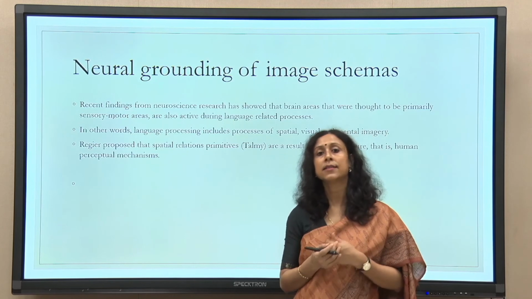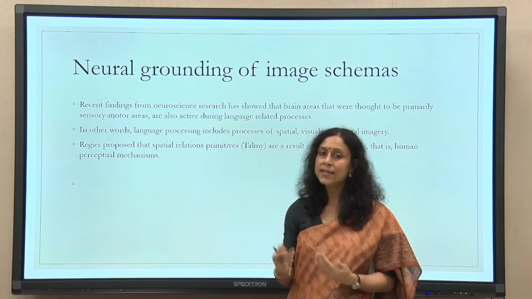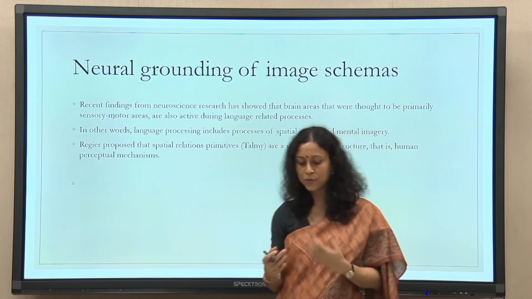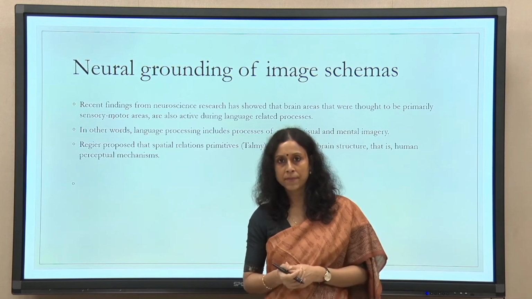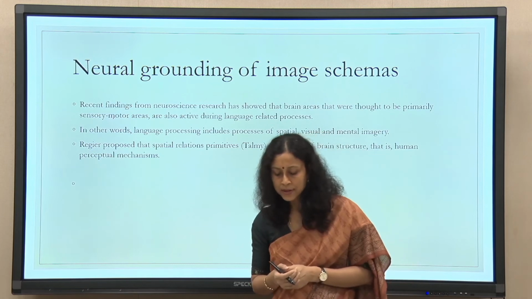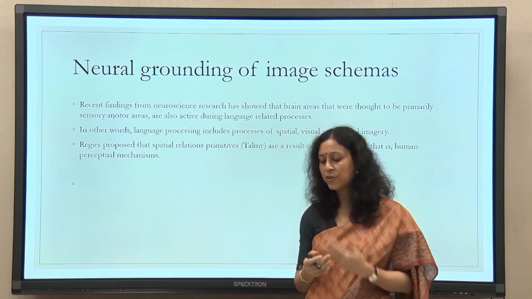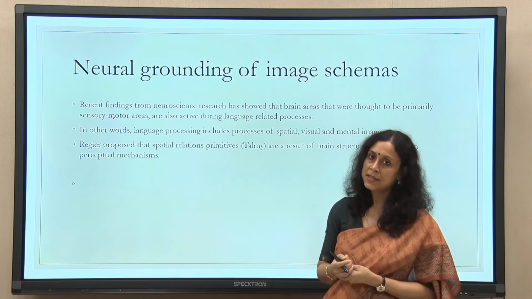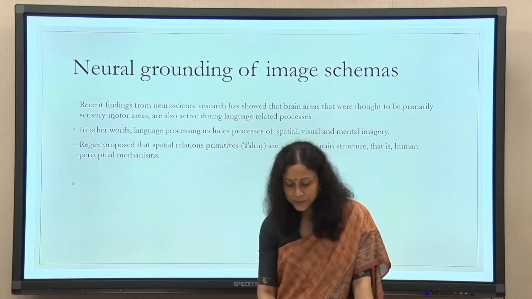So, we are activating the sensory motor domains as well. This remarkable finding takes us to understanding schematic representation in the brain in a better way. In other words, language processing includes processes of spatial, visual and mental imagery. This is what the latest research has shown.